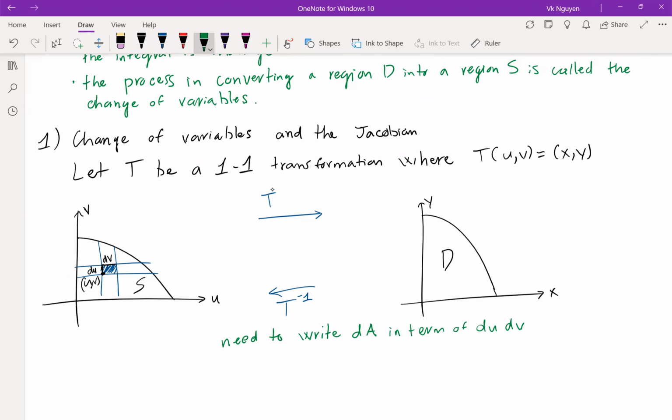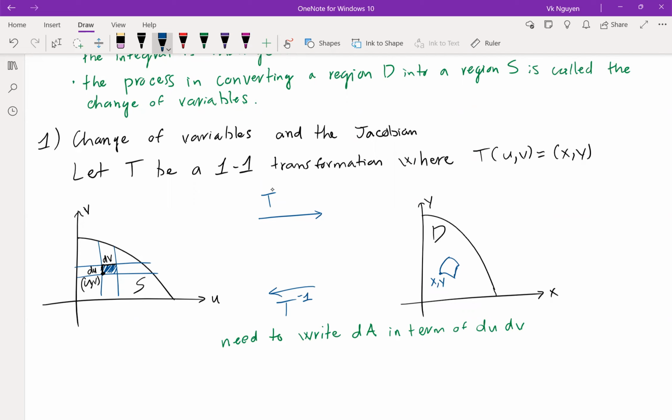So for x,y, let's say that we have some point (x,y) right here. We do not have a rectangular area, and we may have something like this, but not exactly a rectangle.